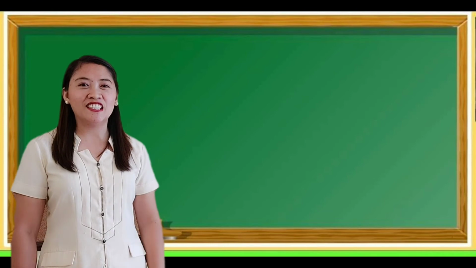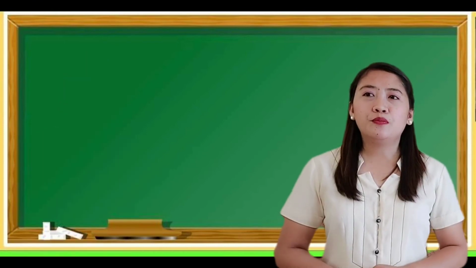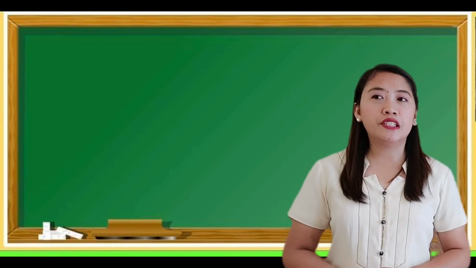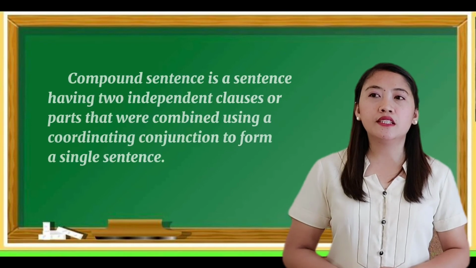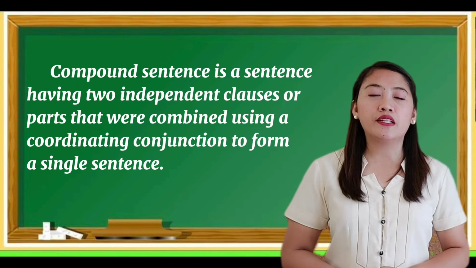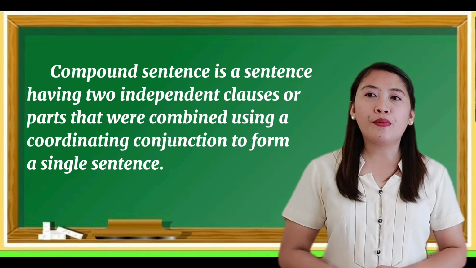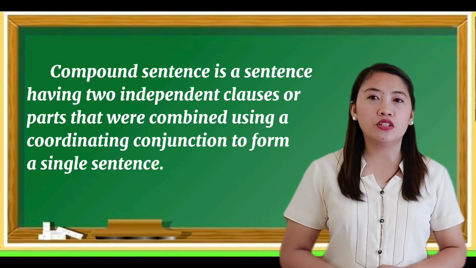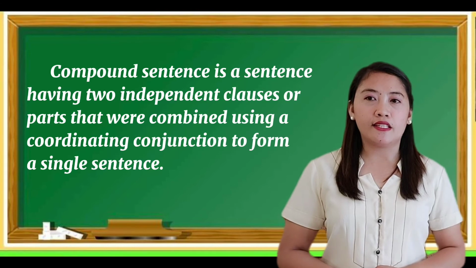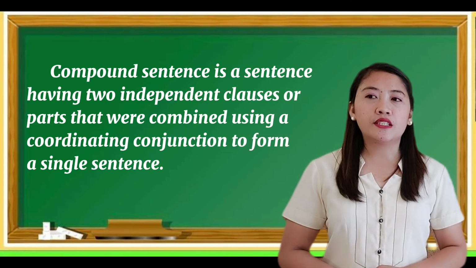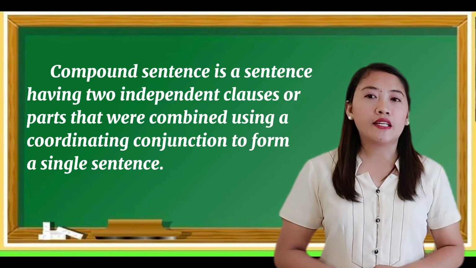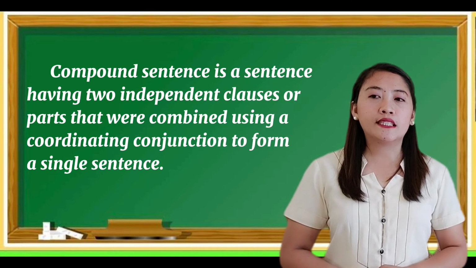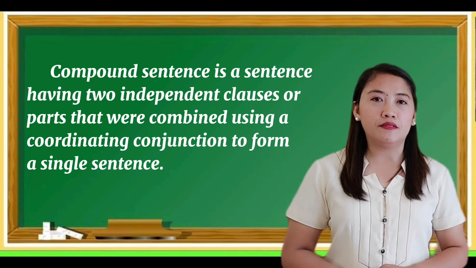Very good, learners. In the previous module, you learned that a compound sentence is a sentence with two independent clauses or parts that are combined using a coordinating conjunction to form a single sentence. If these parts are separated, they can stand on their own, they have a complete meaning.